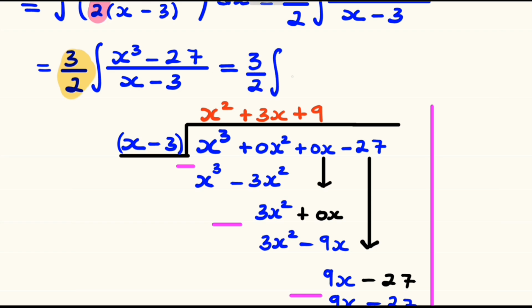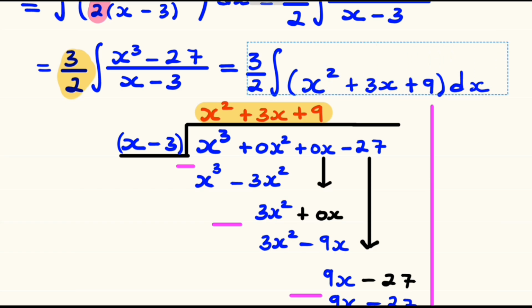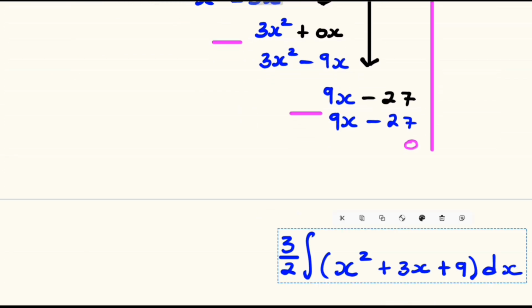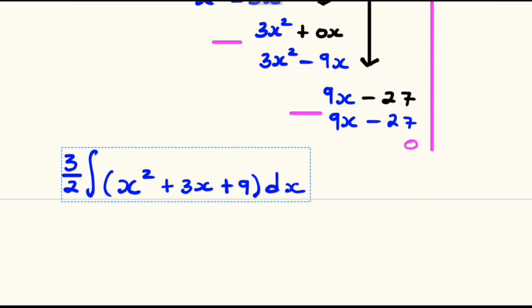Inside the integral, we simplified, and now we have the x squared plus 3x plus 9 dx. If you know how to factorize a cubic function, you will still get the x squared plus 3x plus 9 without all these steps. So now we can integrate.